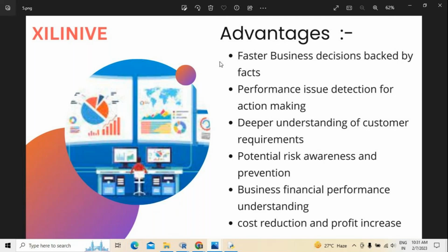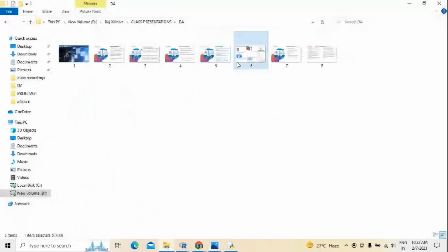Automatically their profits come down, right? However good the turnover they have made, it doesn't have any value at all. So these are the advantages. Majorly, we have these advantages when we are working on data analysis.